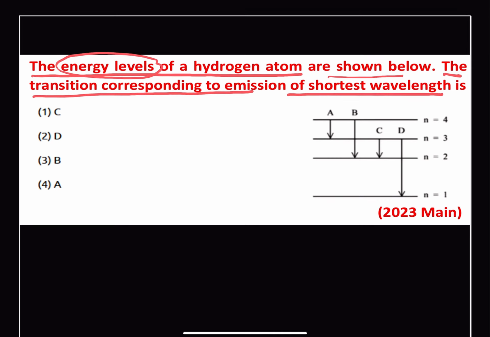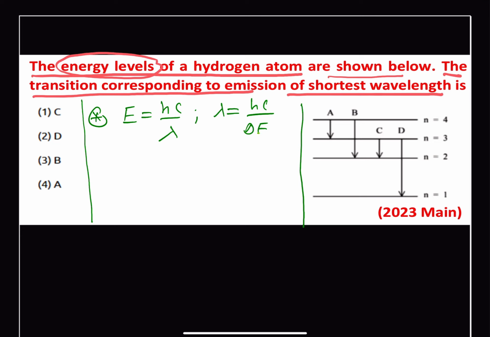So we can write that our energy E will be equal to hc upon lambda, or we can also represent this energy as delta E, which is change in energy, and reformulate the equation as hc upon delta E. So it means greater will be the energy difference, shorter will be the wavelength.